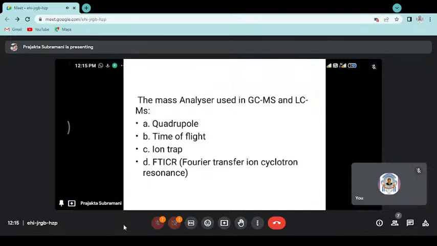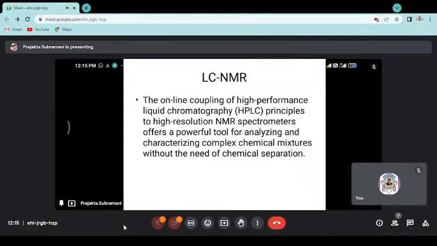So here we covered the two hyphenated techniques, GCMS and LCMS. The next hyphenated technique is the LCNMR technique.